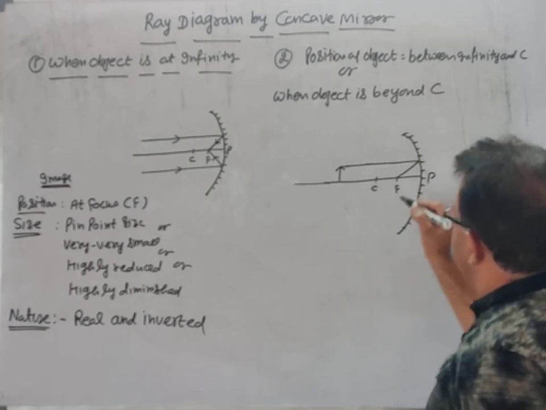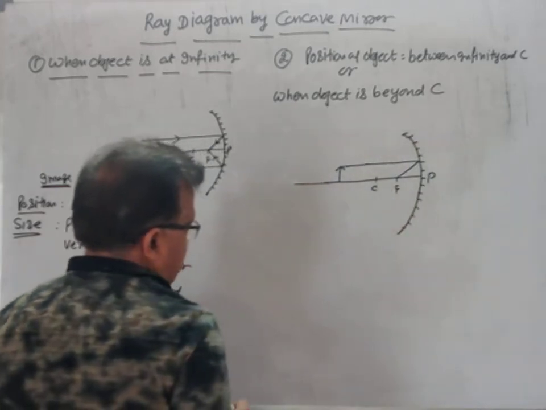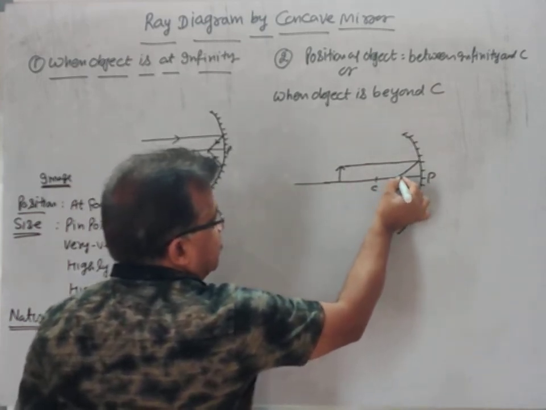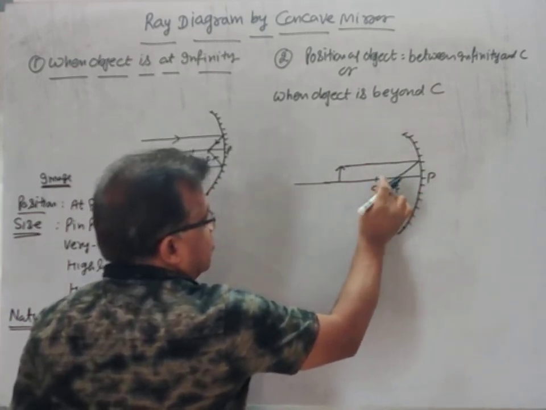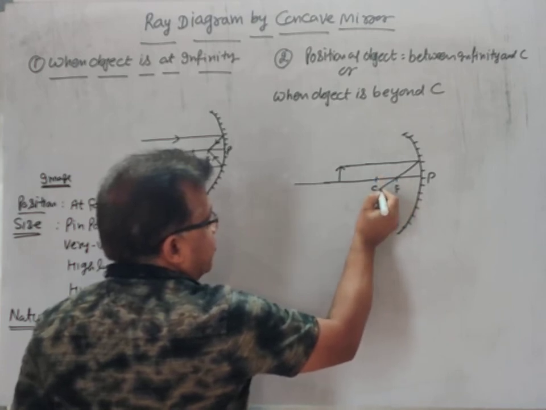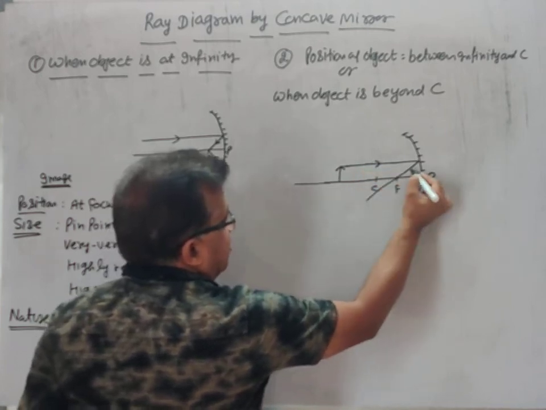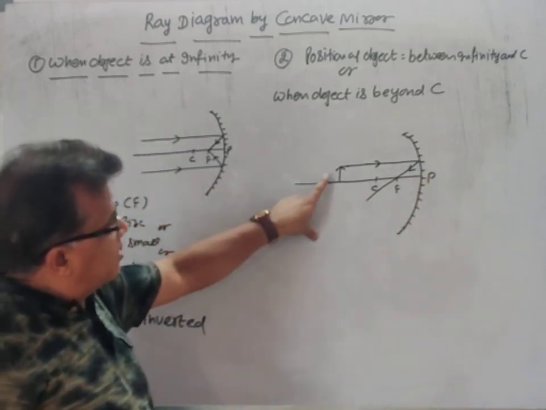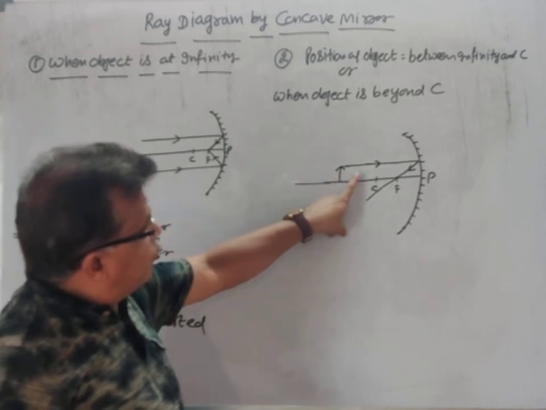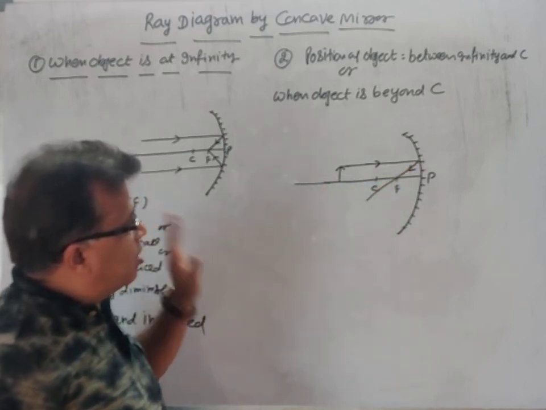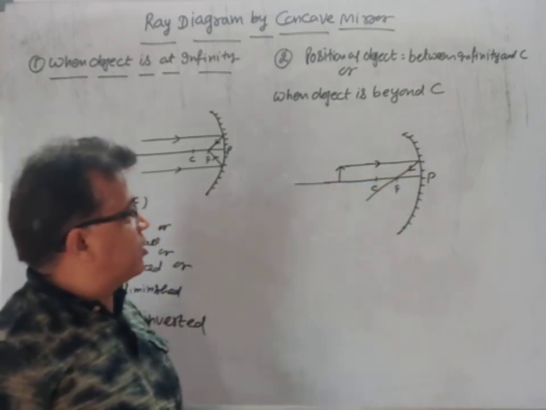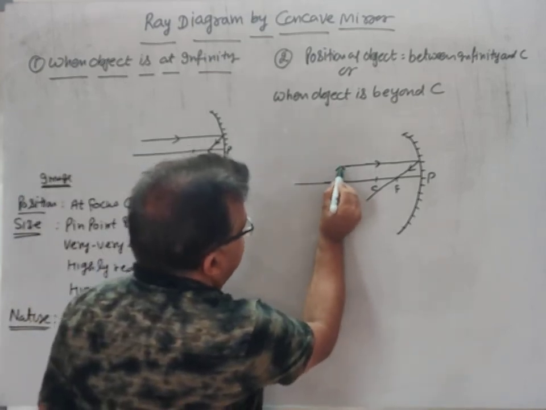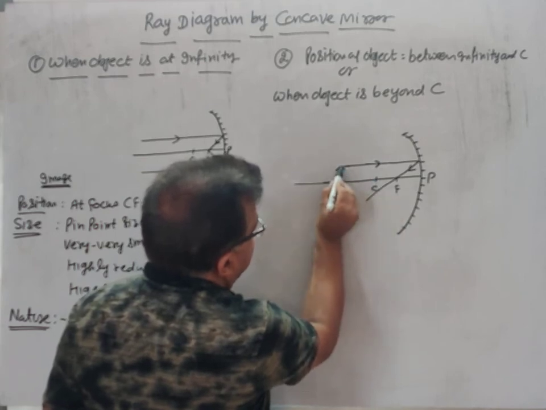So after reflection it will pass through the principal focus, and you can extend it like this: incident ray, reflected ray. We have to show two incident rays. One incident ray which is coming parallel from the object, after striking will pass through the principal focus, as we have studied in the rule. Second, we can show one passing through the center of curvature.